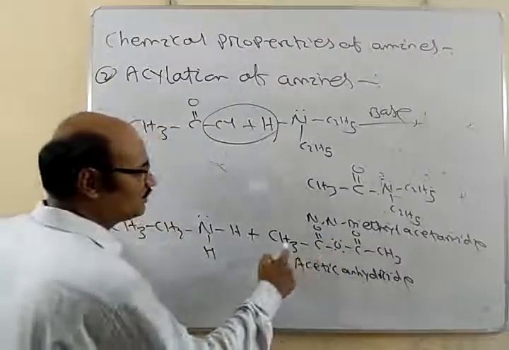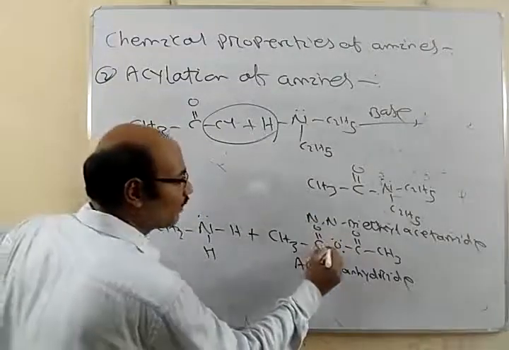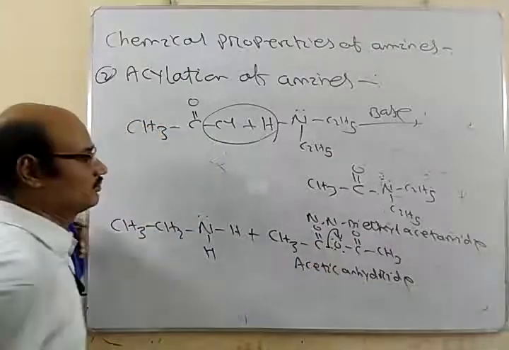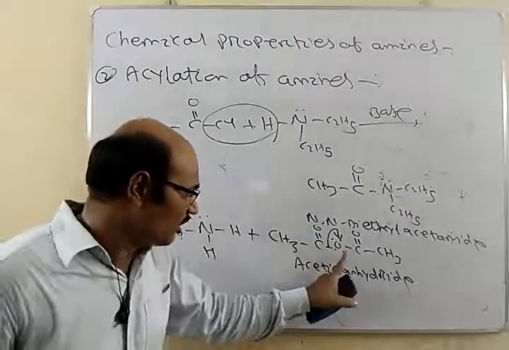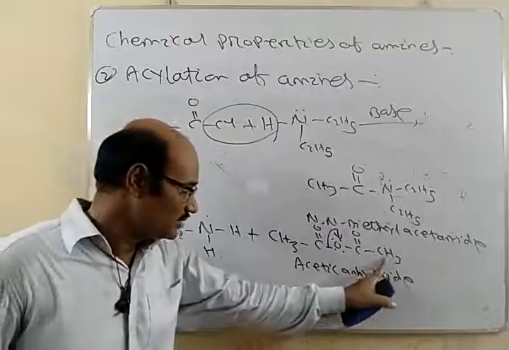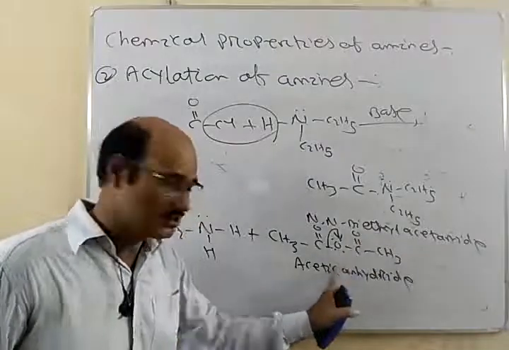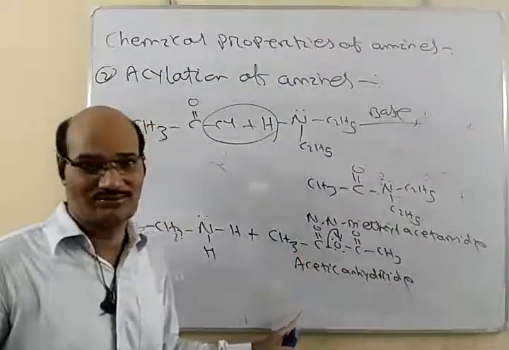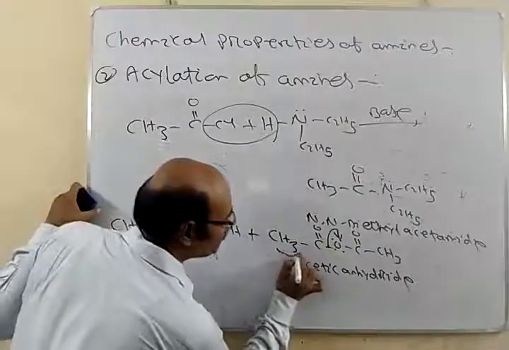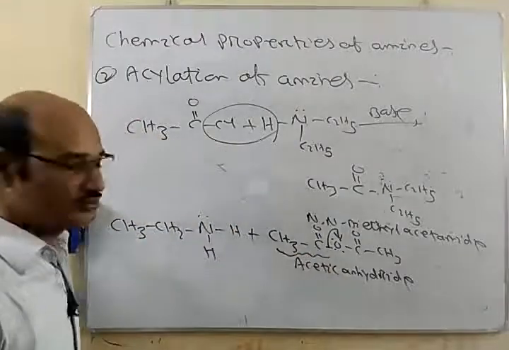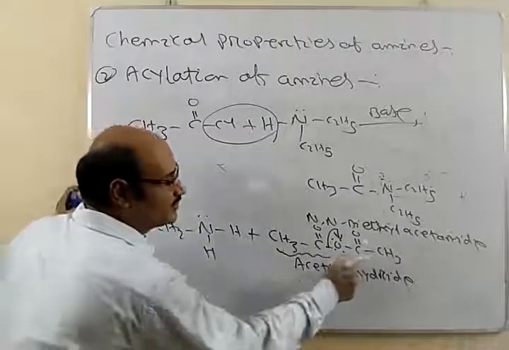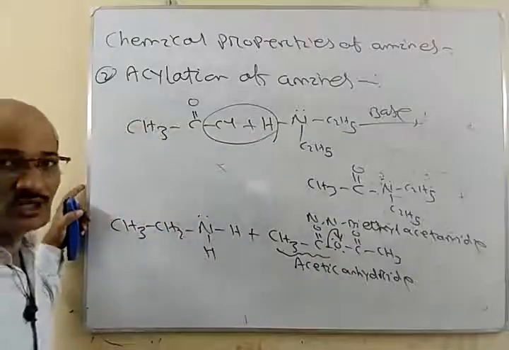See, this is the anhydride group, so this will break here, either to this side or from this side. We get CH3COO minus and CH3CO plus. So what happened?